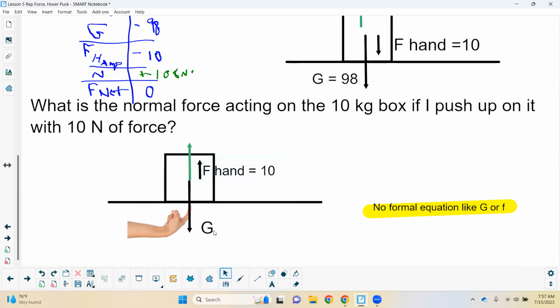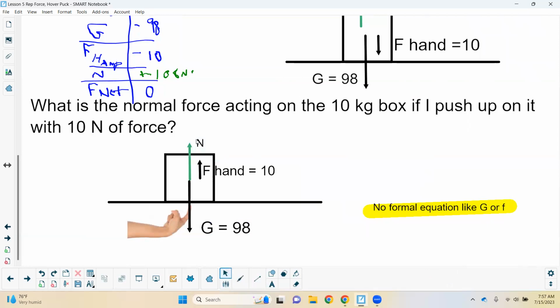So our force of the hand is 10. The gravity force was 98 going down, and then the normal force, we are trying to figure out how much normal force there is, and that's going to balance everything out.